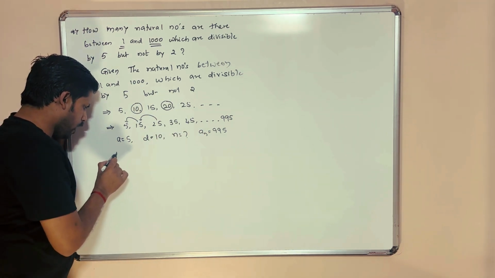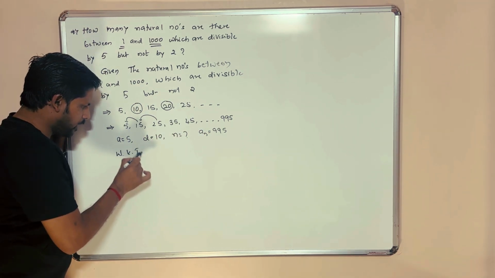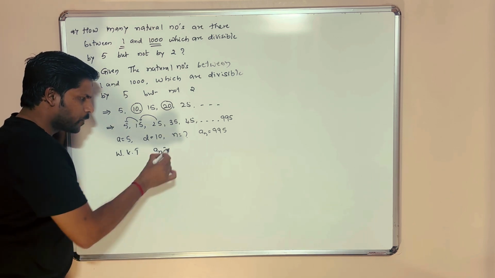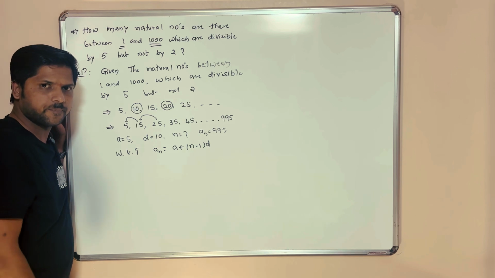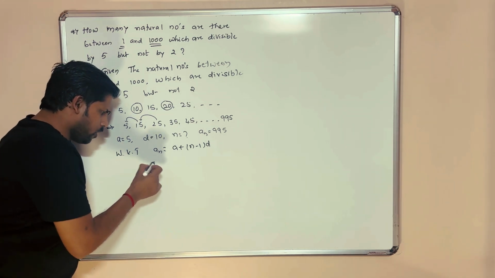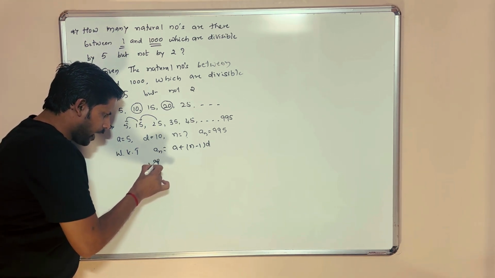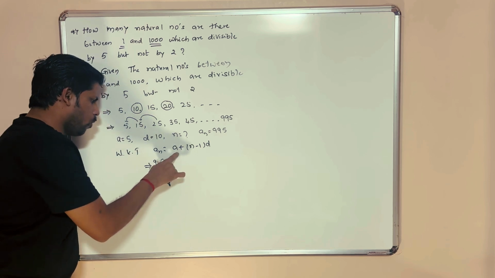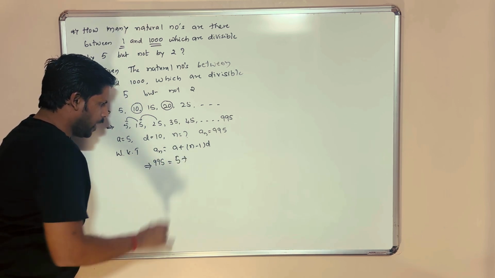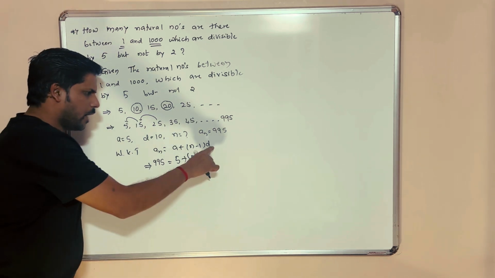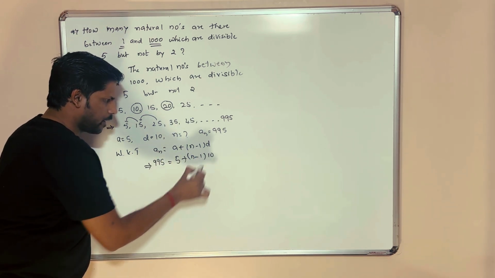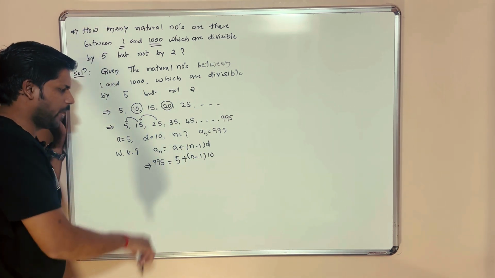Now we know the formula that an is equal to a plus n minus 1 into d. Now substitute the values. Here an is 995 is equal to, what is a here? 5 plus n minus 1, keep it as it is. And what is d? d is 10, the common difference.